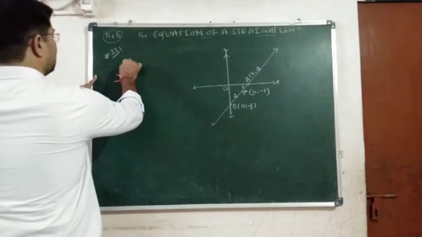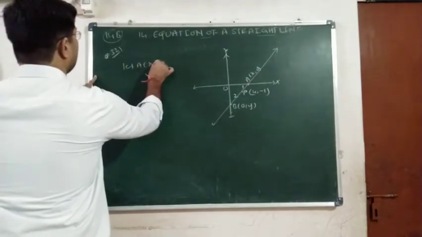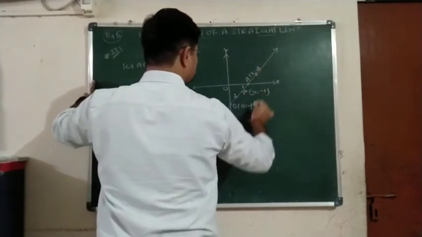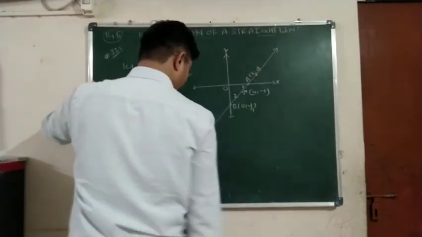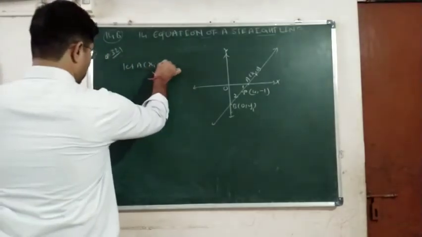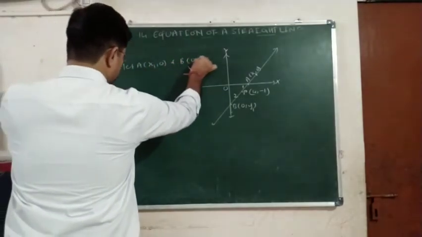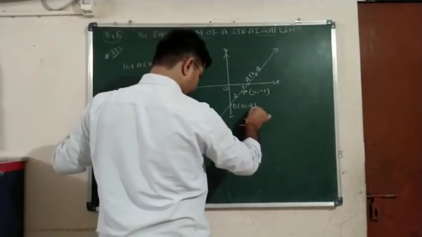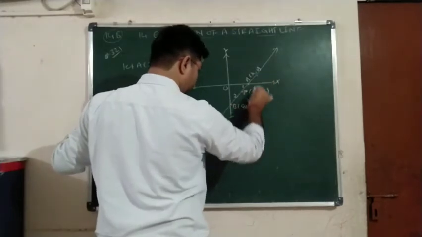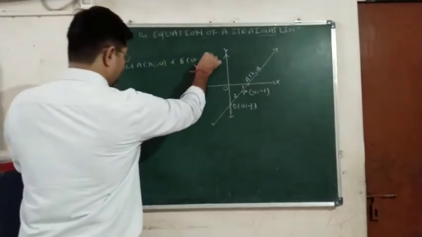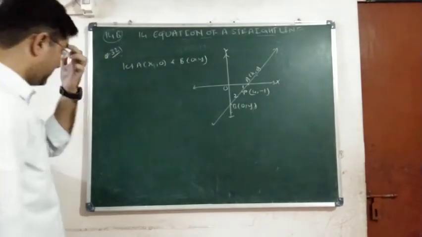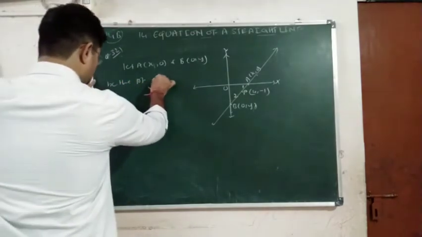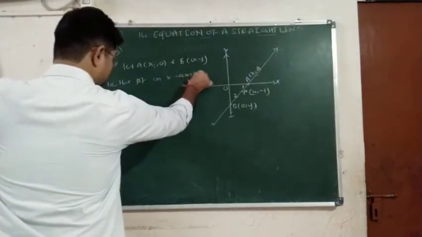Let A be (x, 0) and B be (0, y), points on the x-axis and y-axis.